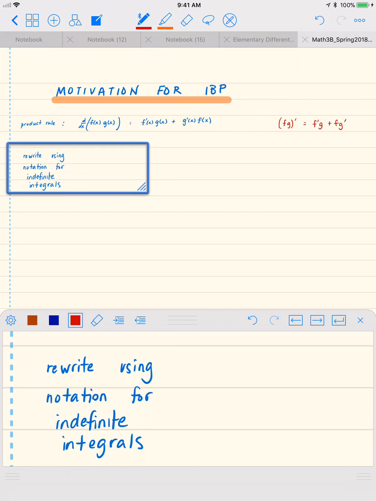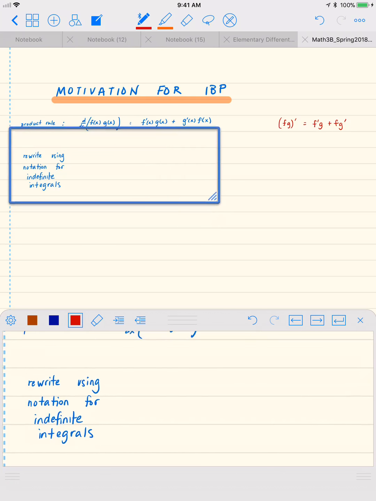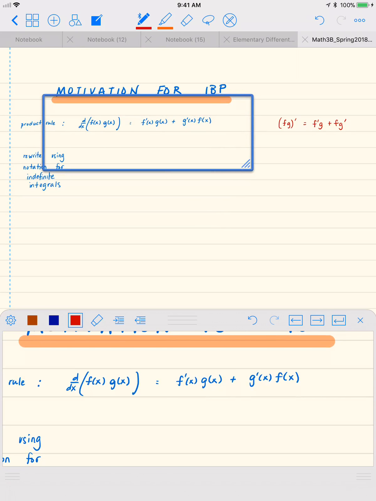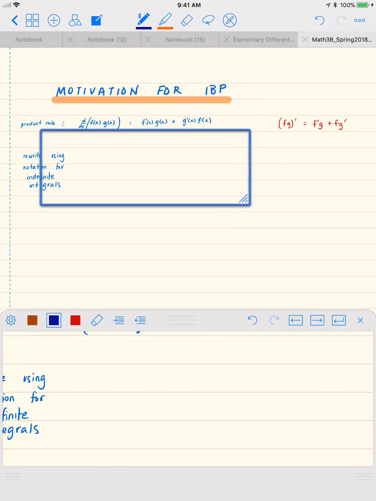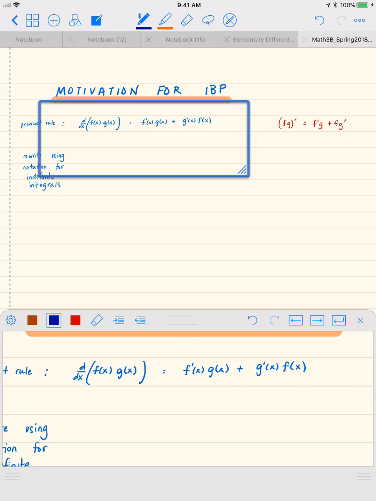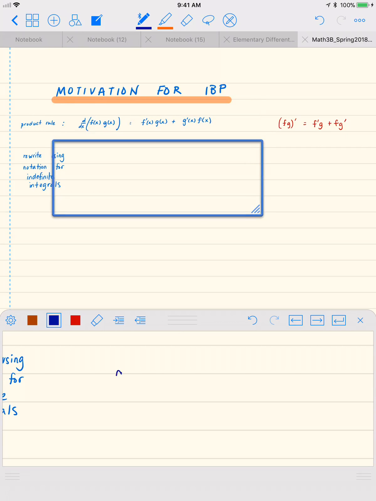Okay, now the next thing we want to do is use the notation for indefinite integrals. So remember what that means. It means if we know the derivative of f times g, then the integral of the derivative of f times g is equal to f times g, right?